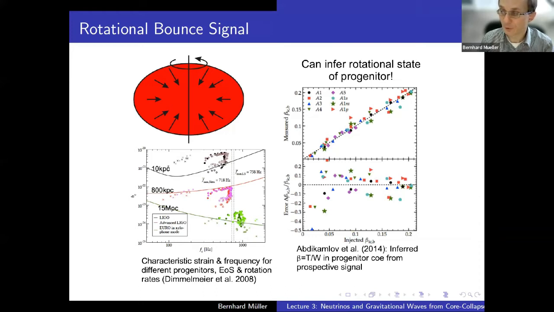If your progenitor core rotates very fast, giving you millisecond periods, then stochastic fluid flow will have a harder time spinning the neutron star up or down or tossing the spin axis. There are certain instabilities that can still do that.